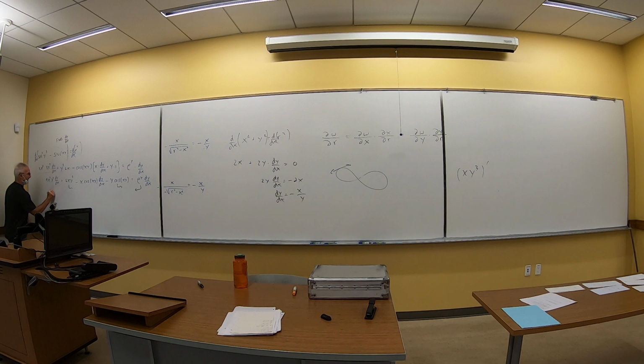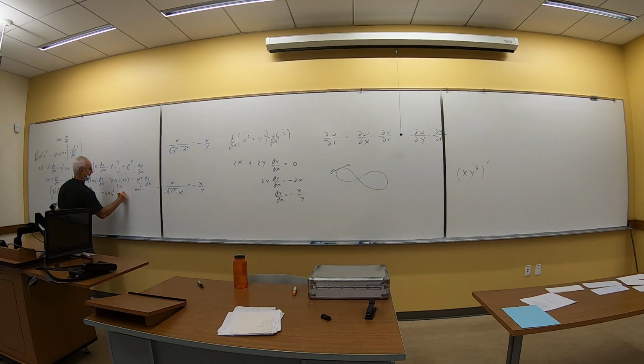Okay, so I will have 9x squared y squared minus x cosine xy minus e to the y, dy/dx. On the right-hand side, I will have negative 6xy cubed plus y cosine xy.